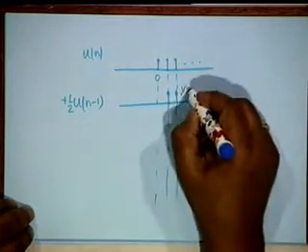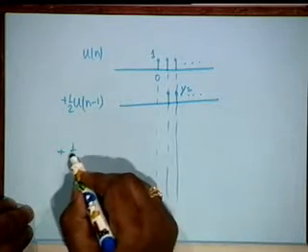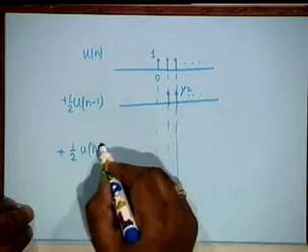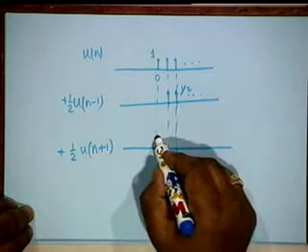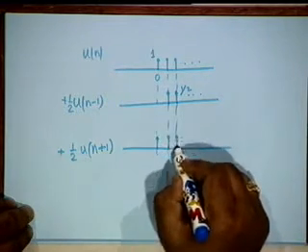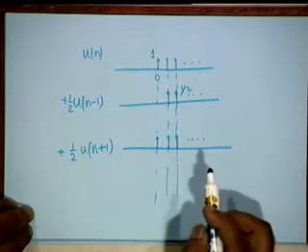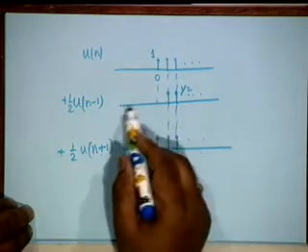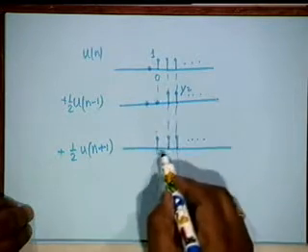This is half, this is 1, and then you add half of u of n plus 1, which starts at n equal to minus 1, and therefore you have samples like this. All the rest are 0. Okay? All the rest on the left side are 0. This must be pointed out.